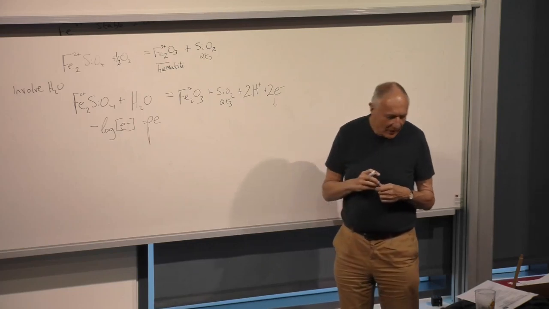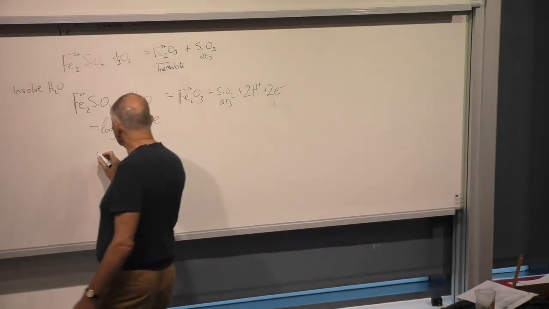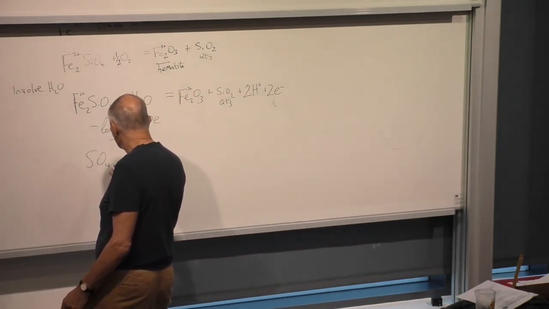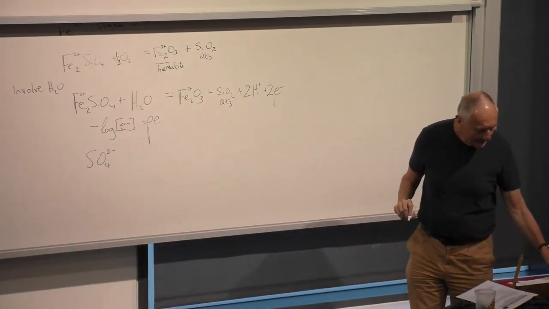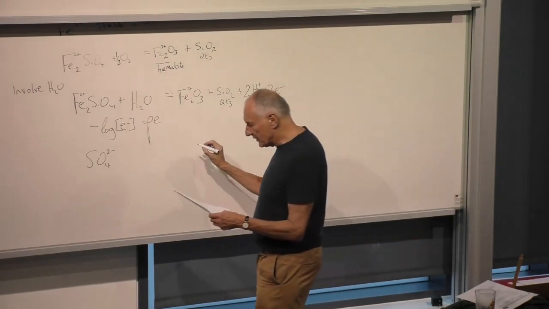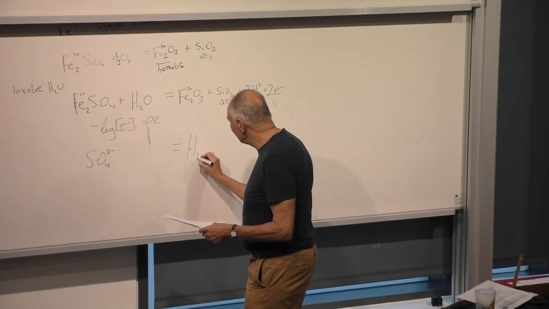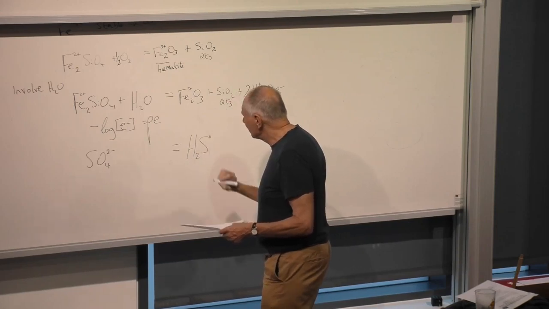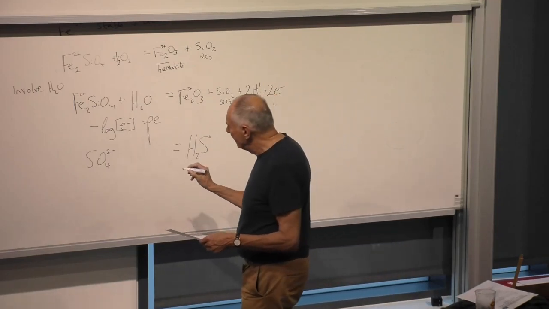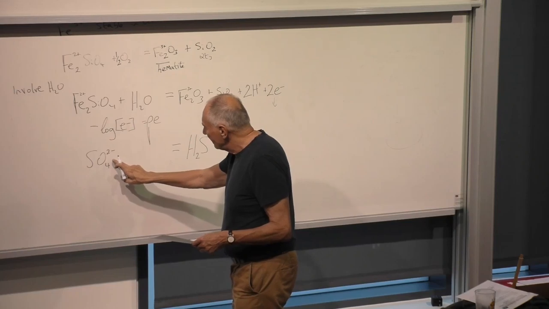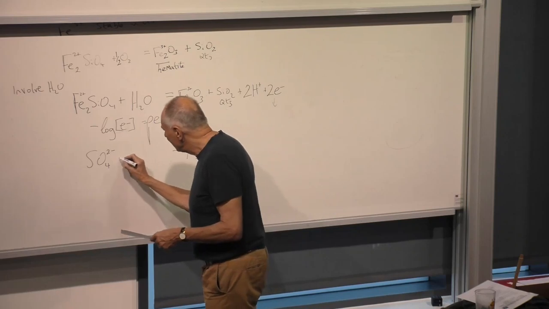And there are all sorts of equilibria. I've written another one down here, and that is the sulfate reduction. I better make sure I get this balanced. So sulfate goes to, there are various possibilities, but one is this one, H2S, 0 charge. And that needs, so we go from 2 minus to 0, so we need to have some hydrogens.